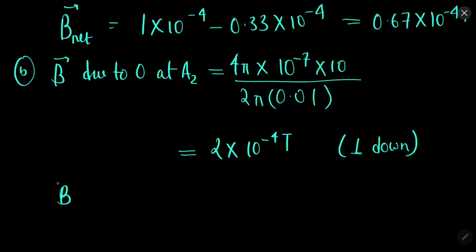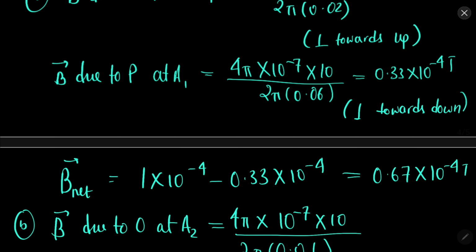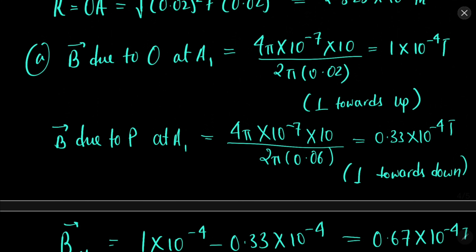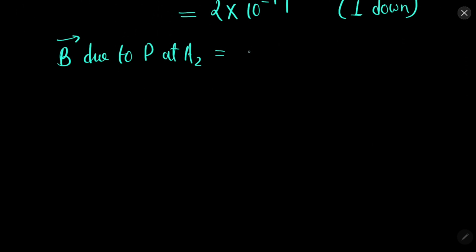Then B due to P at A2, this should be O. So we will have 4 pi into 10 to the power minus 7 into 10 over 2 pi into 0.03.